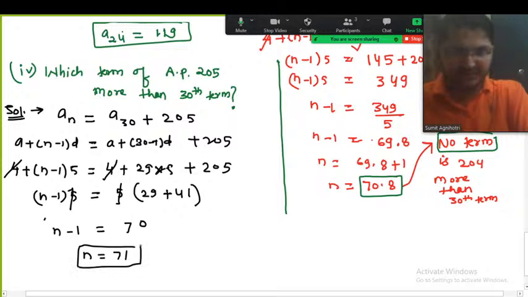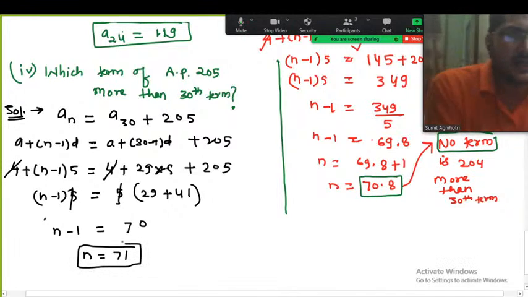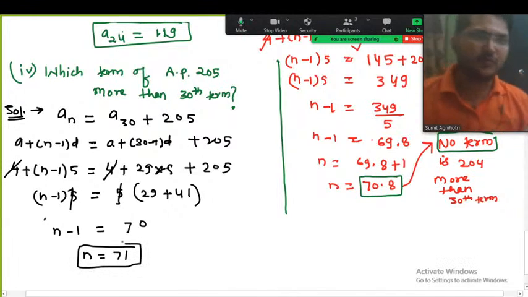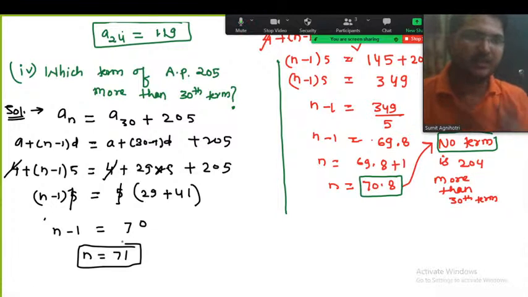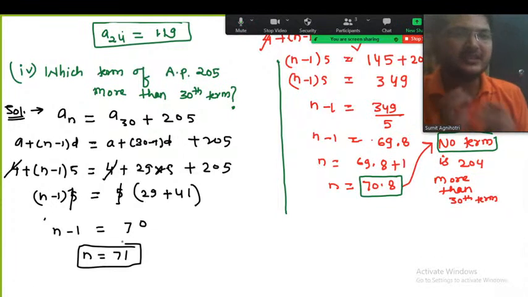That means the 71st term is a term which is 205 more than the 30th term. If you add 205 to the 30th term you will get the 71st term. The answer is the 71st term.